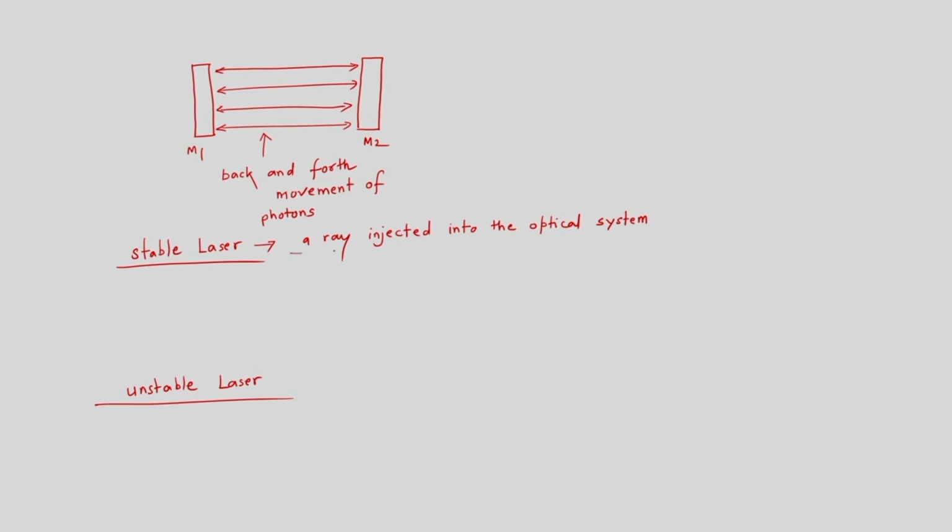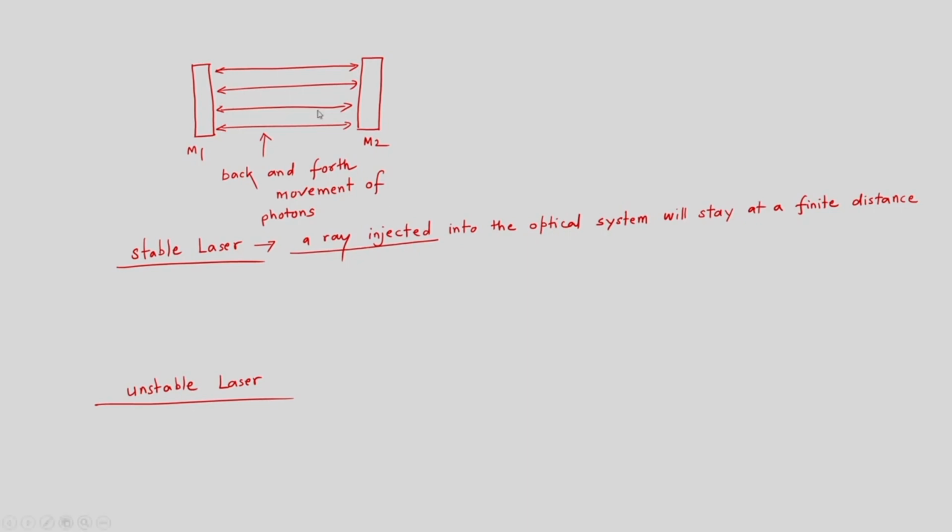So, this ray will always be at a finite distance, at a finite distance from what? It is from the axis.